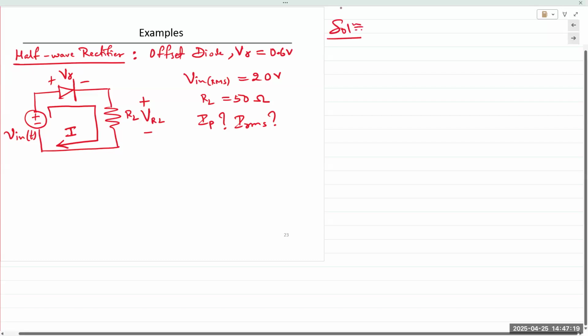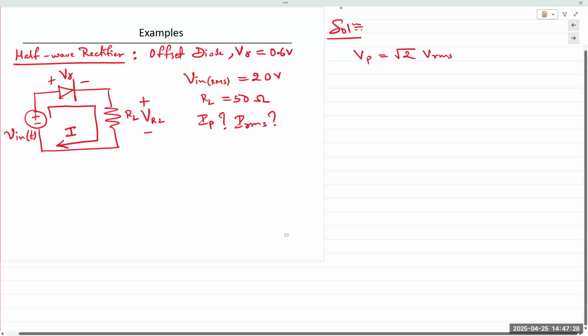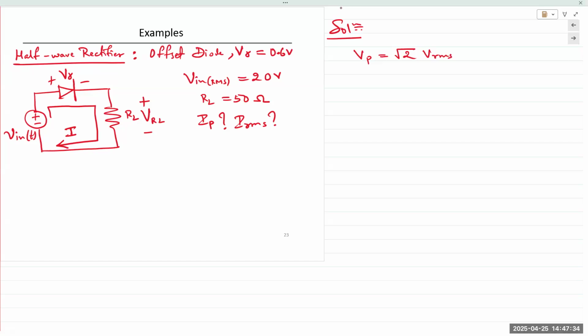So let's say we convert the RMS value into peak. So you get VP over root 2 equals RMS.